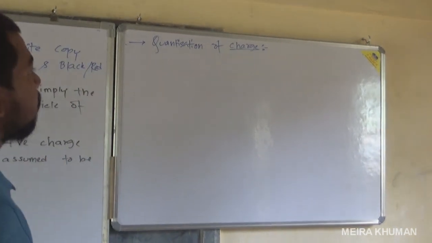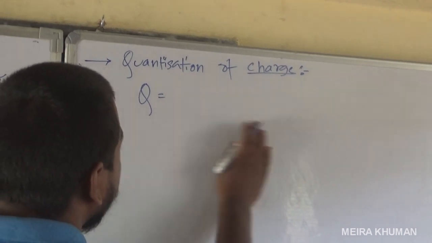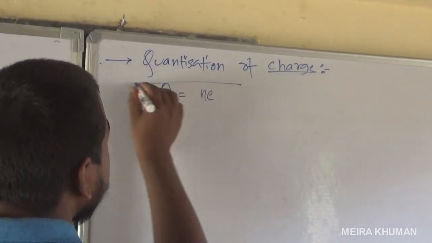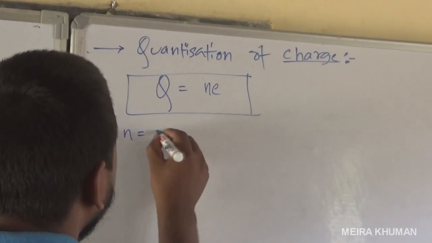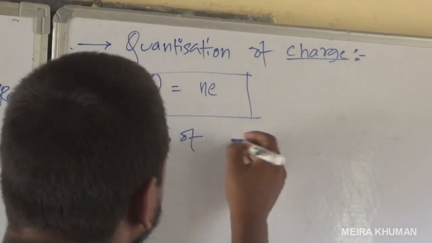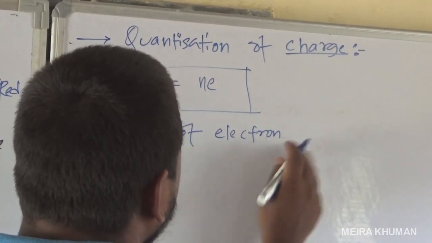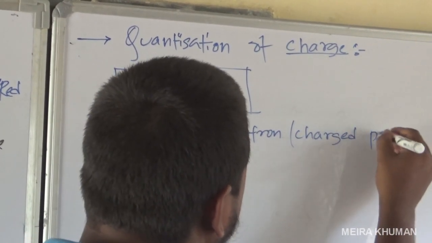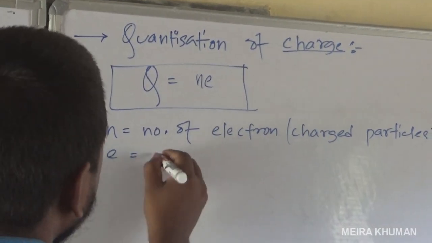So what is quantization of charge? It says the total charge in any charged body, suppose capital Q, will always be equal to n times e. So what is n here? n is simply equal to the number of electrons, or charged particles you can say, and e is equal to what?